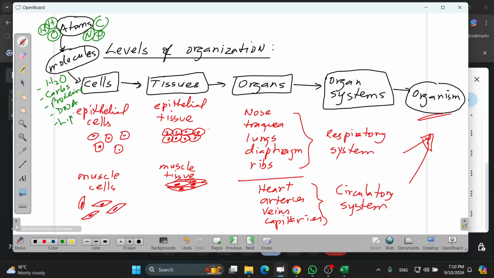Like lipids. And all these molecules is what form cells. And then the cells group together to make tissues, and tissues group together to make organs, all these organs here. This is just two systems in the body, but if we make a list of all organs that we have in the body, it's a very long list, right? You just need to go system by system and you will have a long list.